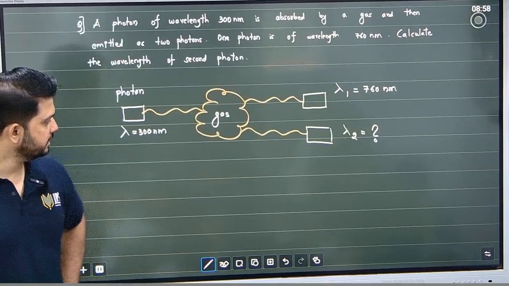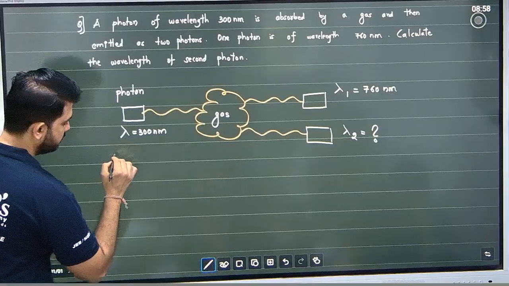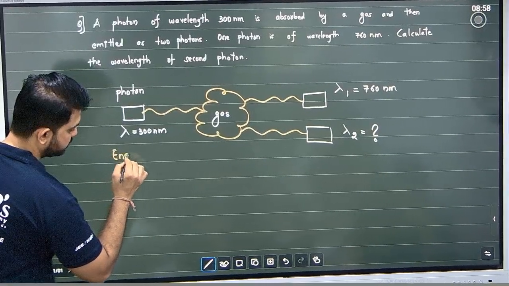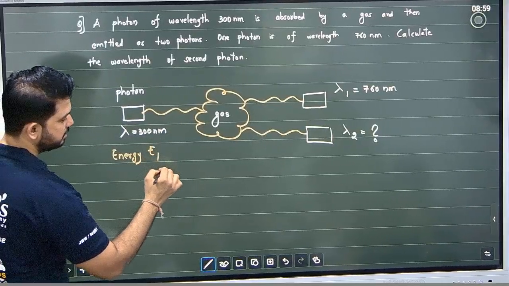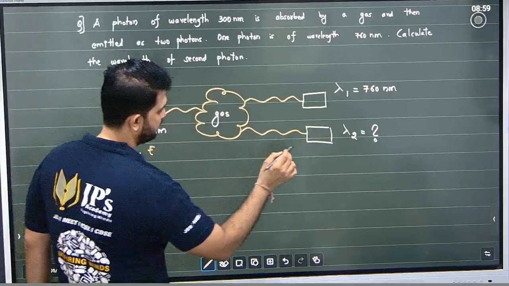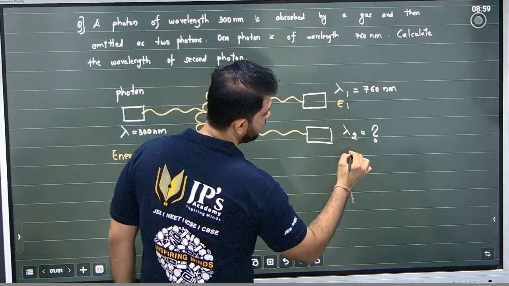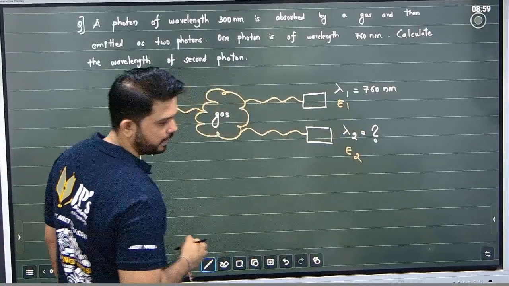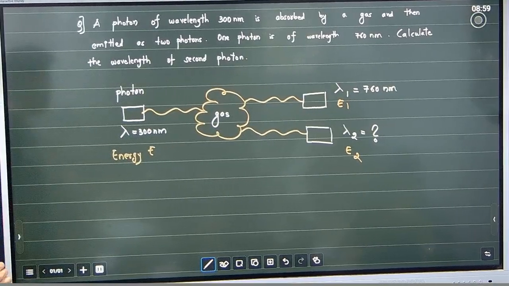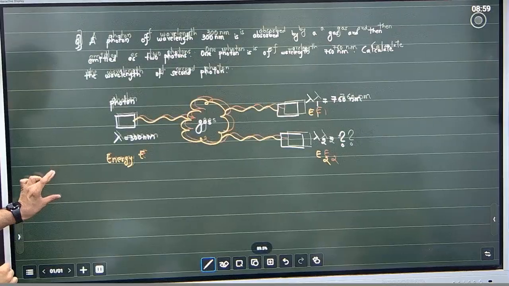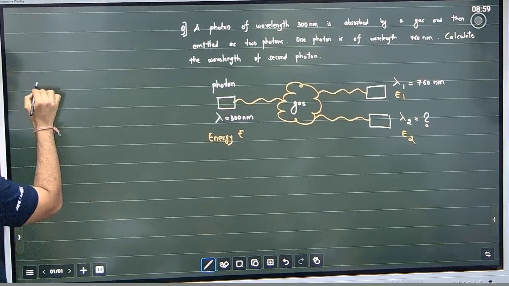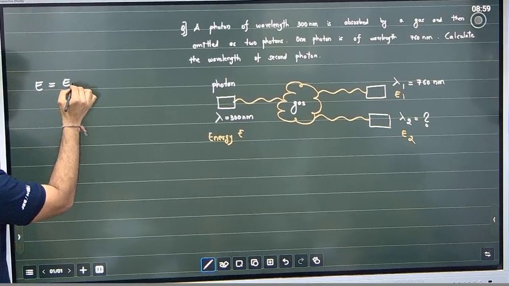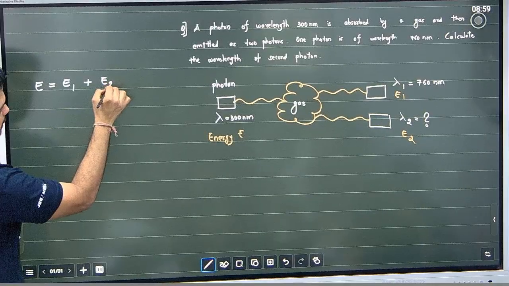So can I say that the energy of this photon, which was absorbed by the gas, let's take the energy here as E, and the energy of the emitted photons as E1 and E2. So if I apply the law of conservation, what can I say? E is equal to E1 plus E2. Anyone who did not get that?